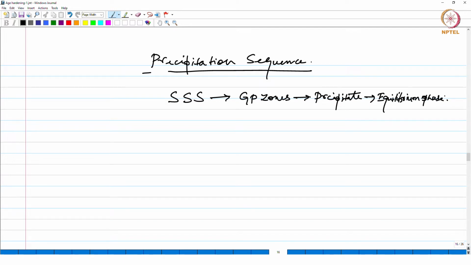So this is the sequence which is generally found in aluminum alloys as far as the precipitation hardening and the formation of the precipitate is concerned.